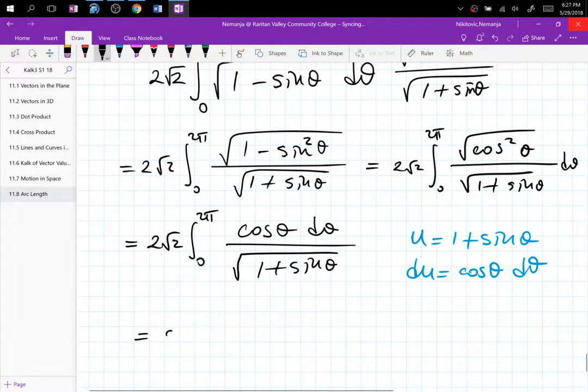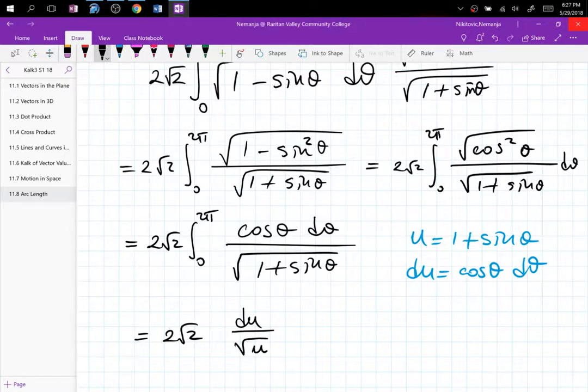And that gives us 2 root 2 integral du over root u. And now when you plug in 0, you get 1. And when you plug in 2 pi, you get 1.